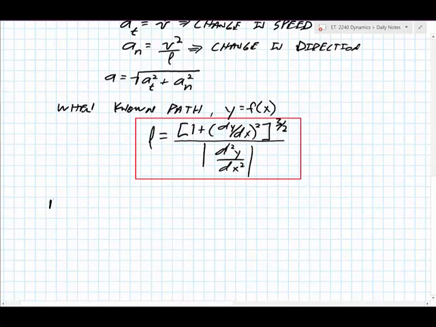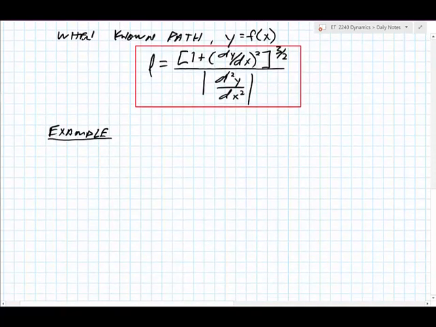Let's look at one example on how we use these path coordinates, normal and tangential coordinates. And for this example, we are going to be given some kind of race car.